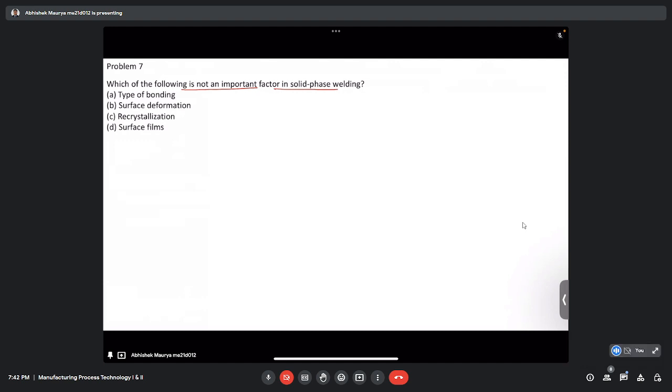So in solid phase joining or solid phase welding, what we have seen is that we had two objects, two surfaces, and we want to join them together without melting them.